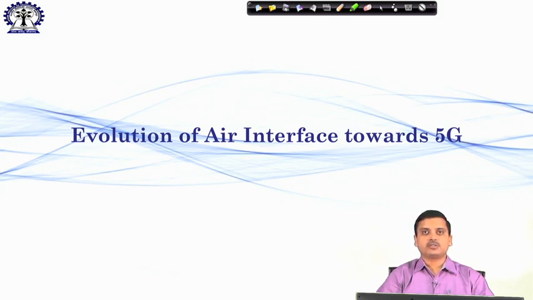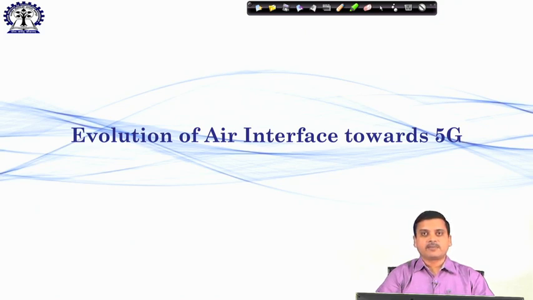So, this clearly shows that it is a process of evolution, but only at certain stages the changes have been so much. One can say there have been tectonic shifts in the way the network architecture has evolved as well as the signaling methods have evolved.